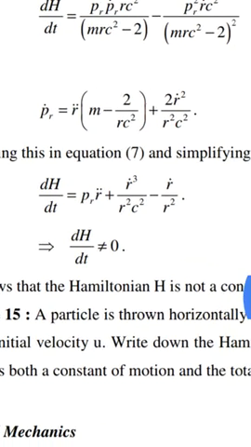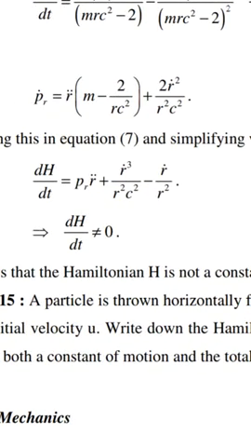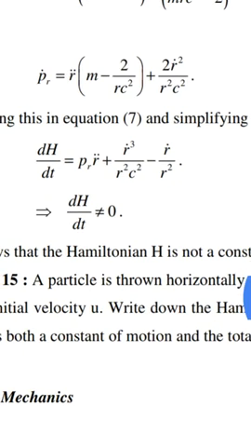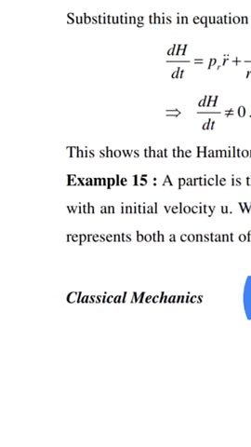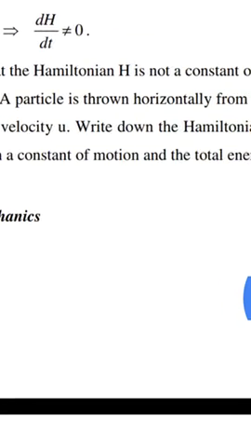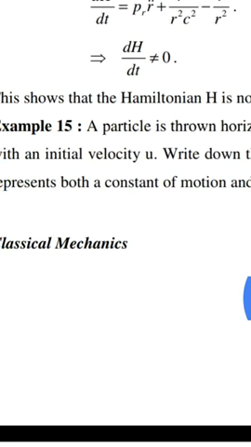Substituting these in equation 7 and simplifying, we get dH by dt is equal to pr r double dot plus r dot cube divided by r square c square minus r dot divided by r square. dH by dt is not equal to 0. This shows that the Hamiltonian H is not a constant of motion.